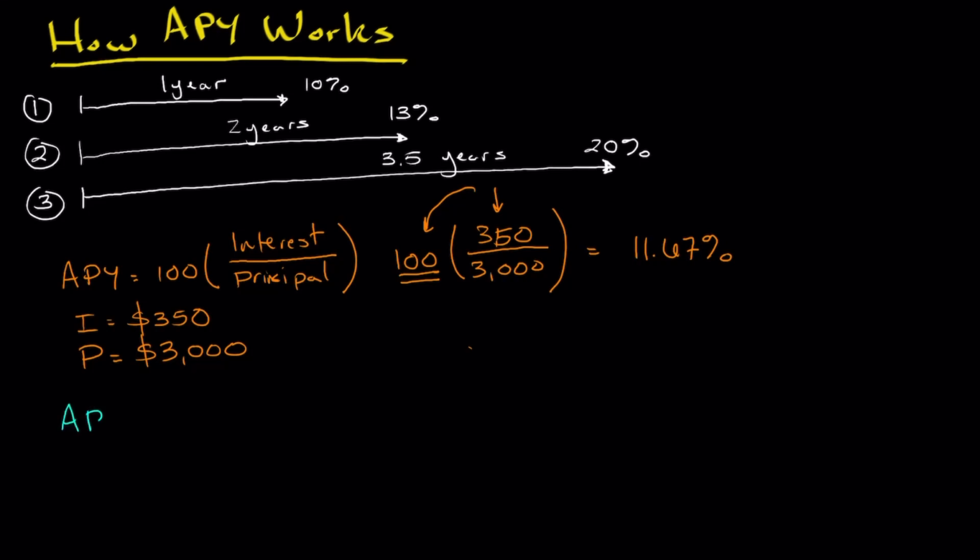So we are still solving for APY, and we are still going to multiply the end result by 100, but this is where it changes. We're going to add a few extra steps to convert everything into APY and convert everything into a year term. So we're going to take 1 plus, again, our interest divided by our principal.